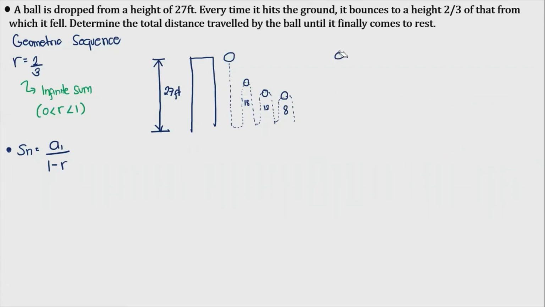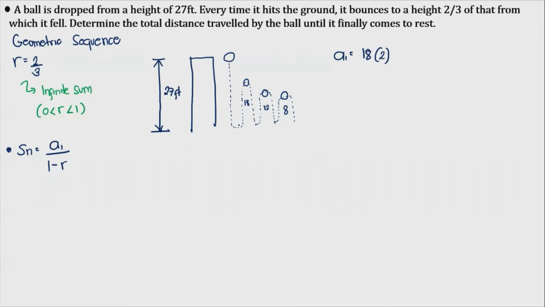Ano ang magiging A1 natin? 18 ba? Sige, pag-isipan nyo. Pwede nyo i-pause yung video. Sige, ito. Hindi 18 yung A1 natin. First term, hindi 18. Rather, 18 times 2. Bakit times 2? Kung mapapansin nyo, nalaglag yung bola from 27.